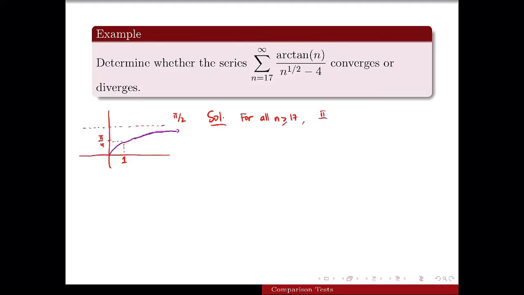So you have pi over 4 less than arctan of n. Which means, so, pi over 4 over n raised to 1/2 minus 4, this is less than arctan of n divided by n raised to 1/2 minus 4.